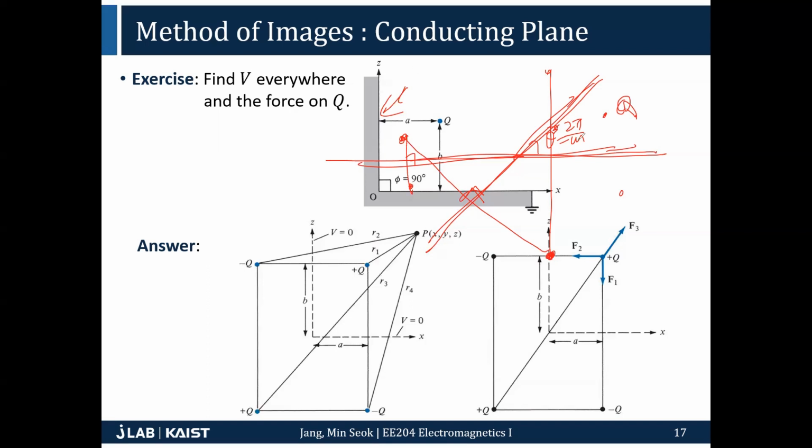Even if you have a smaller angle, if 2 pi and theta have an integer ratio, then the process of putting image charges ends in a finite number. But if it's incommensurate, then it goes on forever, and this problem is not possible to solve using the image charge method.